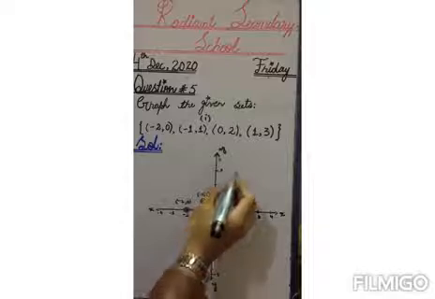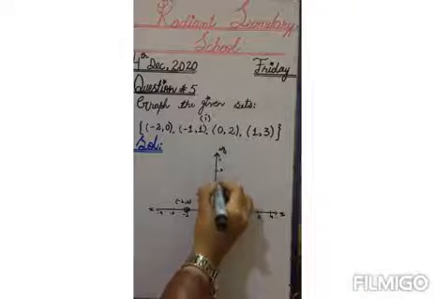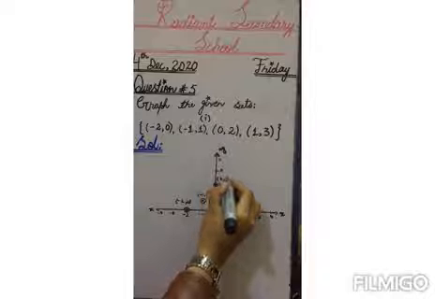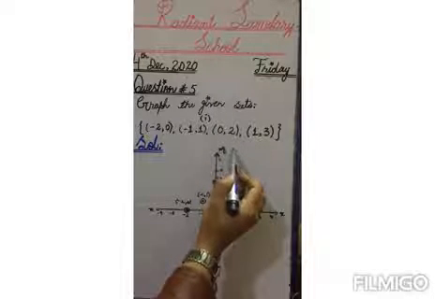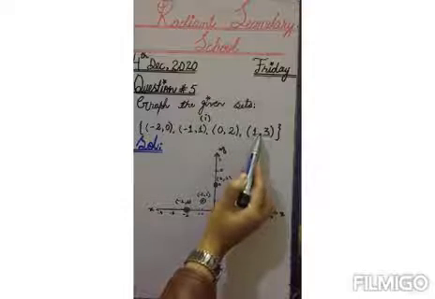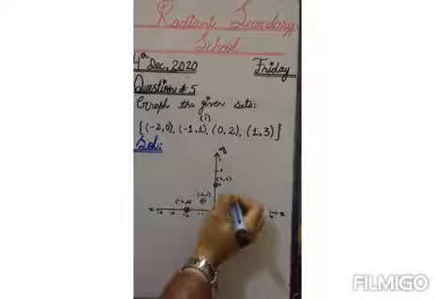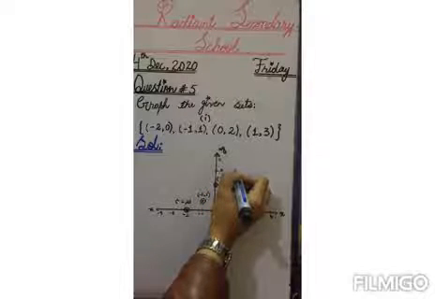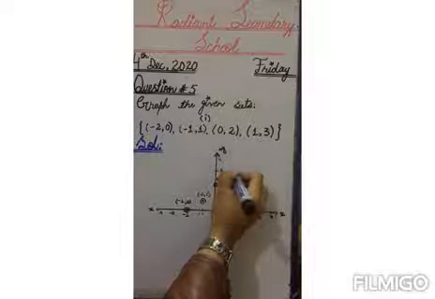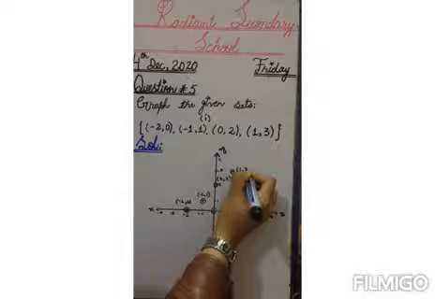So the point will lie on the positive y axis here, at the point where x is 0 and y is 2. And the next we have (1, 3), which is x is 1, y is 3. X is 1 here and y is 3 here. So I am going to put this here, which will be equal to (1, 3).